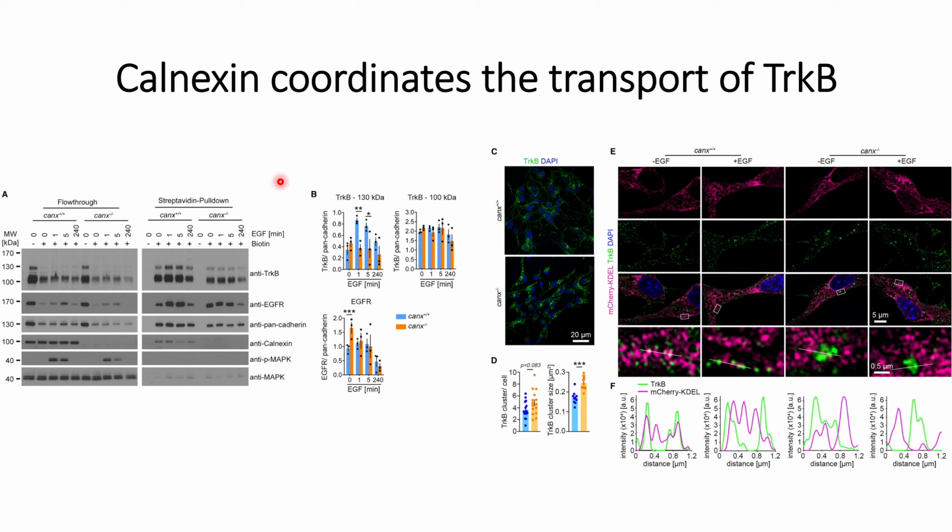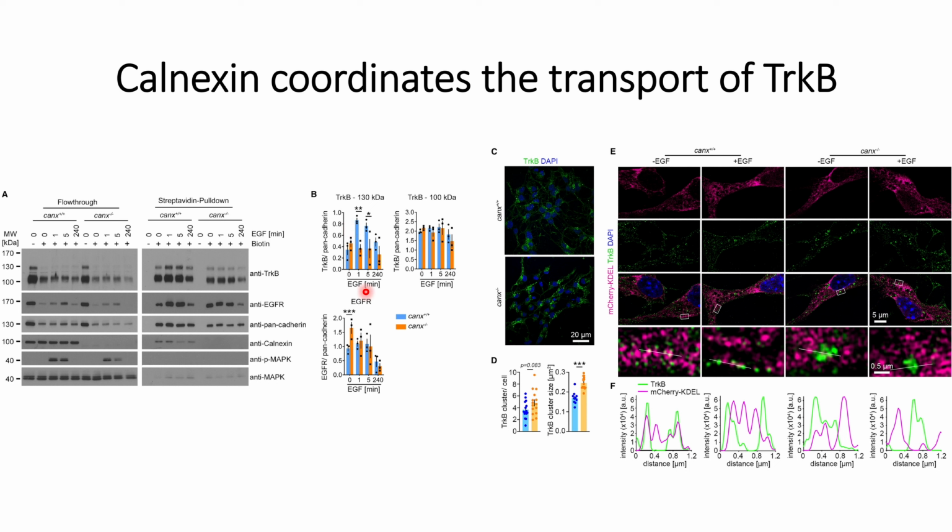These things are validated using quantitative analysis of the Western blot, where we can see that at 130 kilodaltons, the TrkB amount is significantly upregulated when calnexin is present compared to when calnexin is absent.